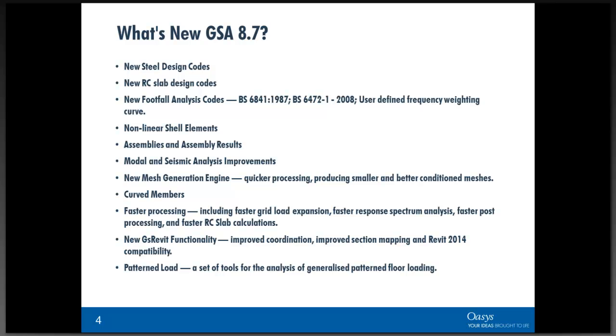Most importantly, nonlinear shell elements, some improvements in seismic aspects, and also faster processing time. You can find the list of new development features on our website. If you go to GSA and then click on What's New, you can see a slide covering all those aspects in detail.